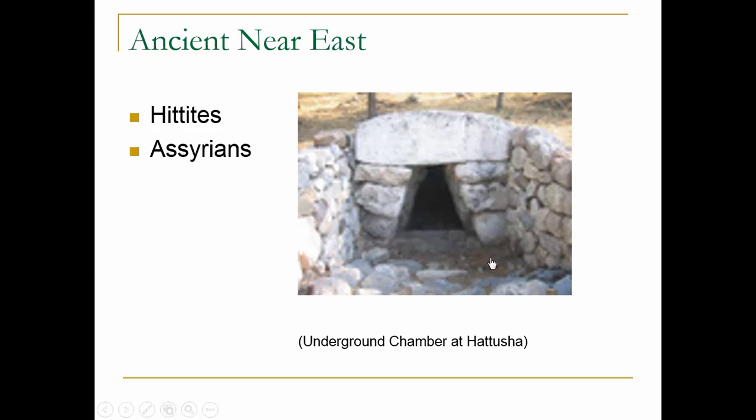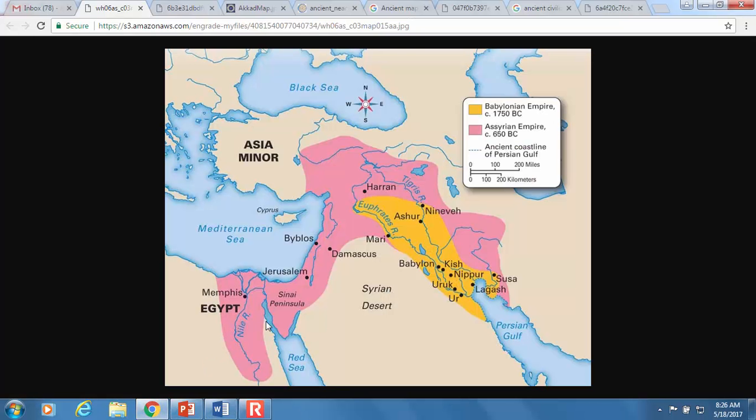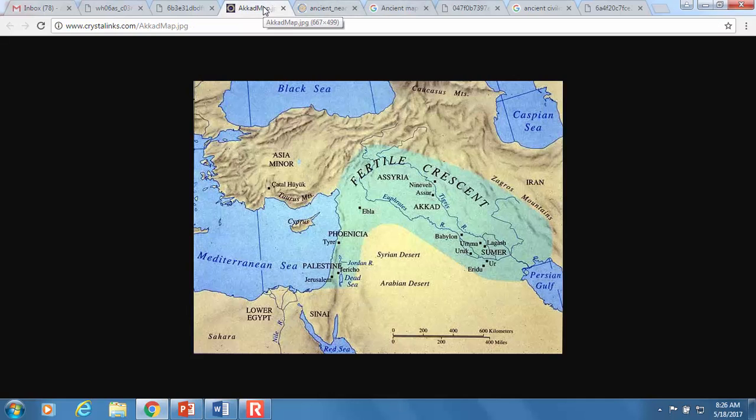All right, your next group, the Assyrians. The Assyrians came from the northern portion of the Mesopotamian region, and they were a very powerful group. Not to say that the others were not, but the Assyrians exceptionally so.